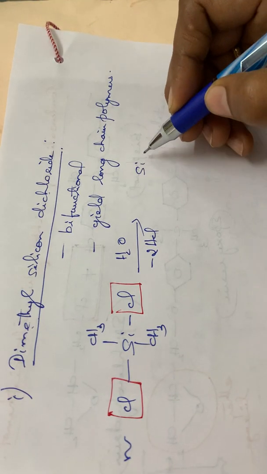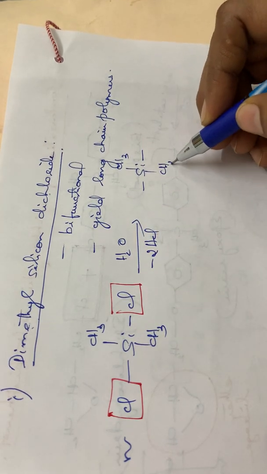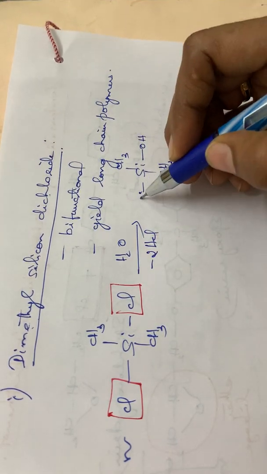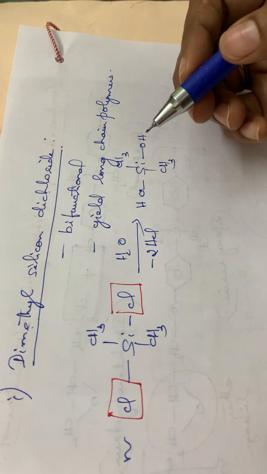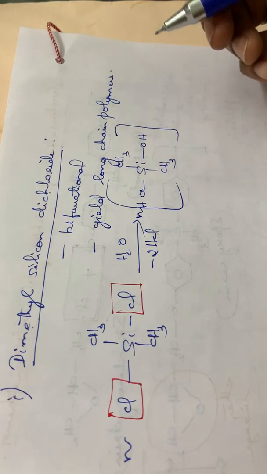So we will have Si, then CH3, then 2 OH groups present instead of chlorine. Again this will be n molecules.